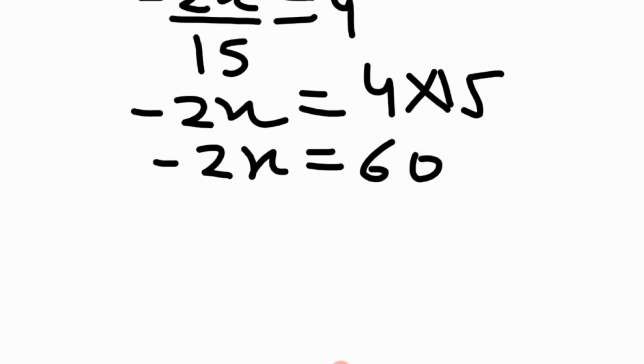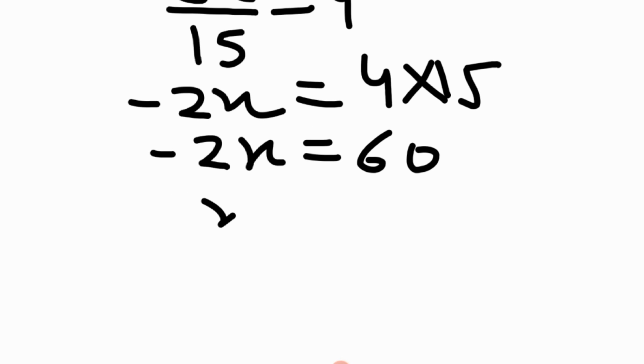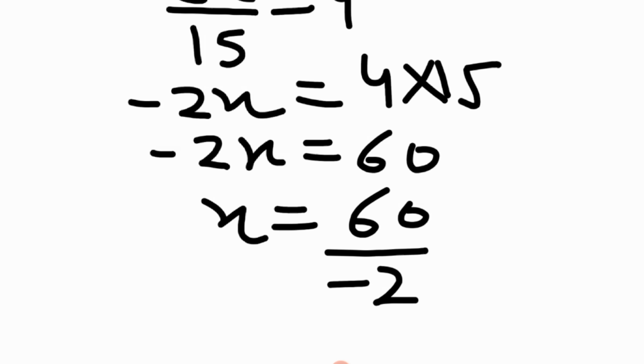Now minus 2 is also in multiplication with x, so according to the rule, if we move minus 2 to the right hand side, it gets division. So now x is equal to 60 upon minus 2, and if we reduce this, what do we get? 30.